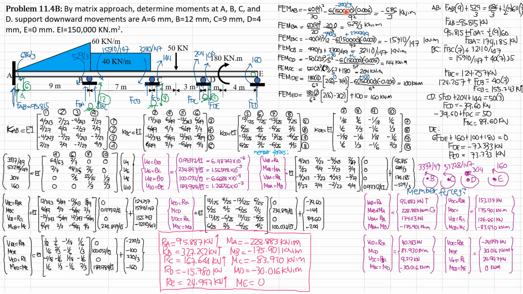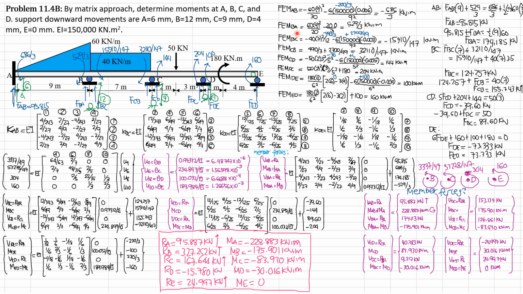So this value is negative 200 over 3, which is the same for BA, and the left side value is combined with this negative 200 over 3, we get negative 683 over 3 kilonewton meter. Since it is negative, it is counterclockwise in this figure here.